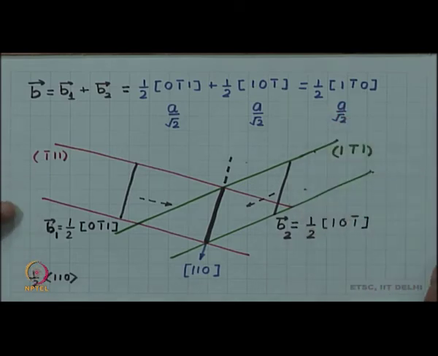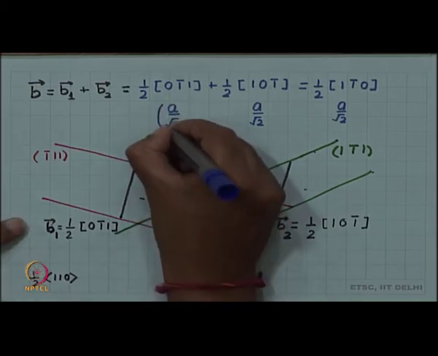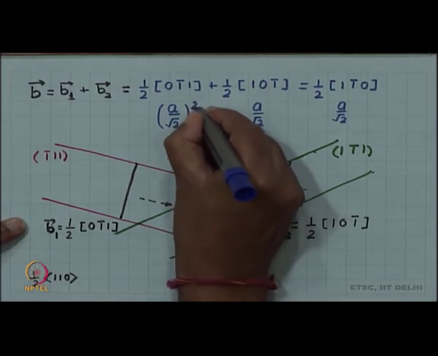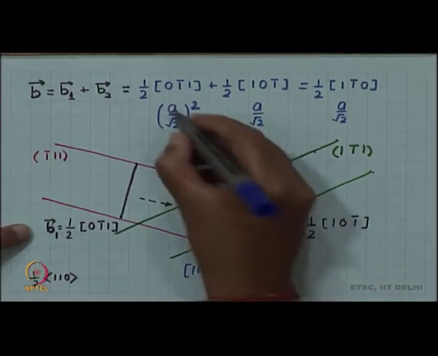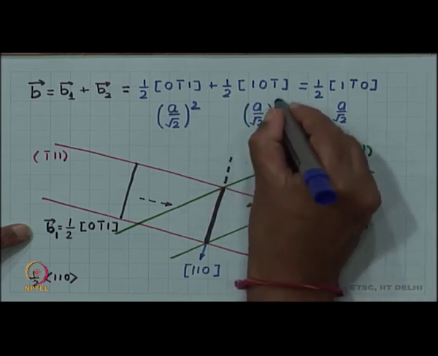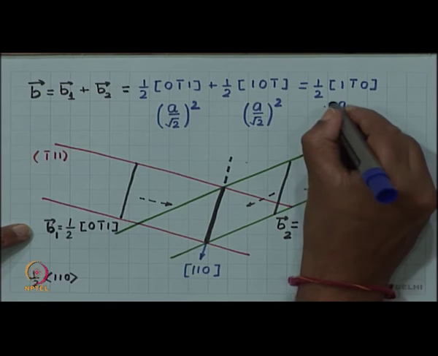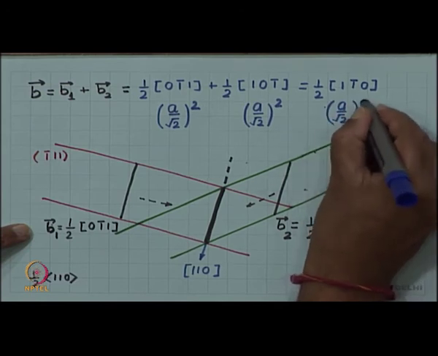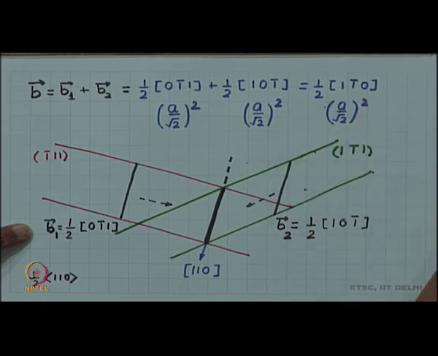And energetically we know that the energy of the dislocation line is proportional to the square of the Burgers vector. So, if we square these, the energy of this dislocation line was a by root 2 square, this dislocation line was a by root 2 square, and the resulting dislocation line is also a by root 2 square.